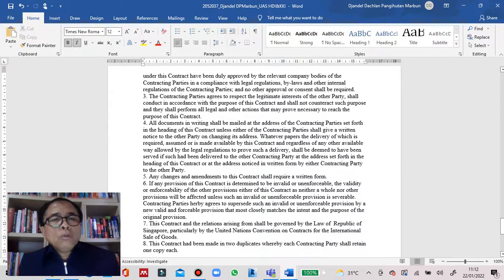4. All documents in writing shall be mailed to the address of the contracting parties set forth in the heading of this contract, unless either of the contracting parties gives written notice to the other party of changing its address.